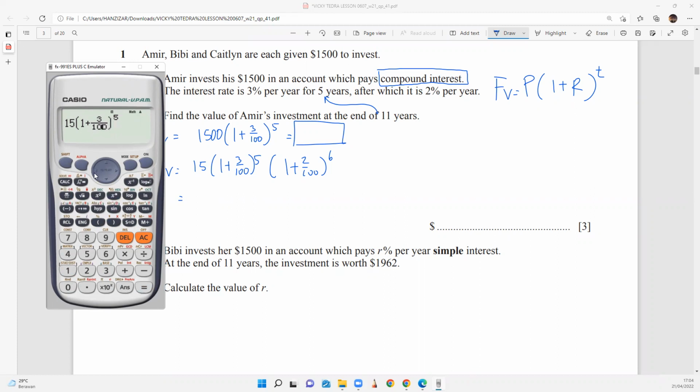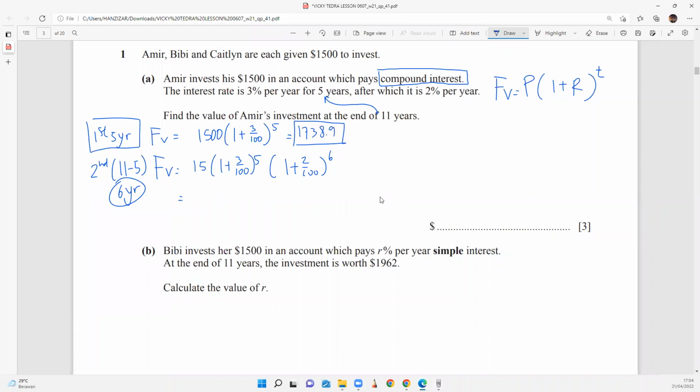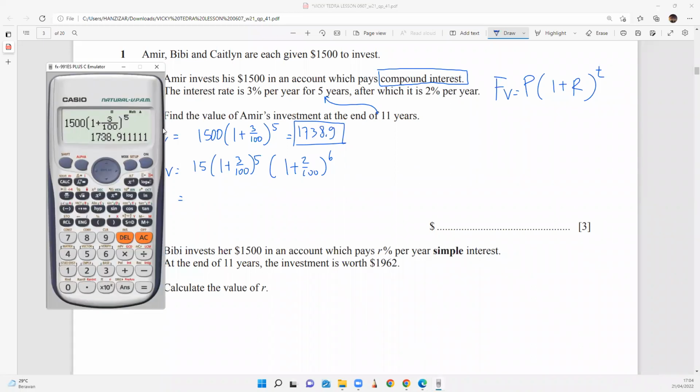No, 1500, I'm sorry. 1738.9. So write down 1738.9. But we don't have to calculate this number because that's not our final answer. So we just multiply again by 1 plus 2 over 100, and then to the power of 6. Right.